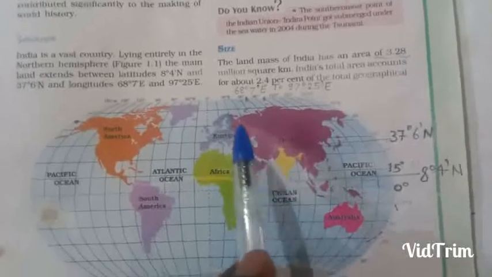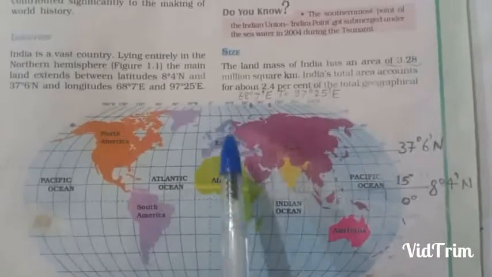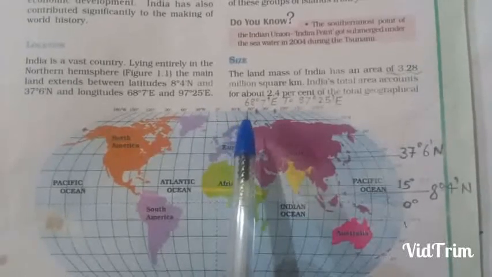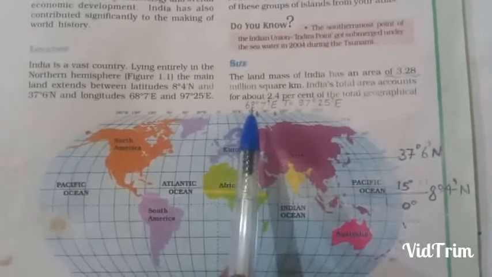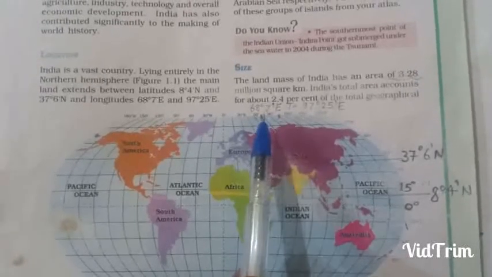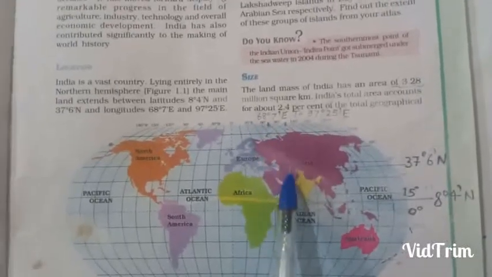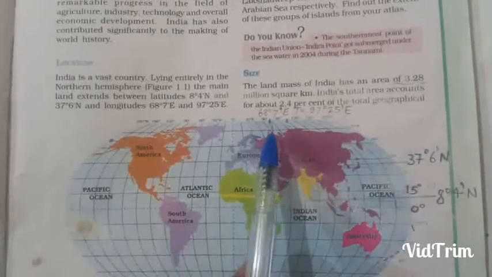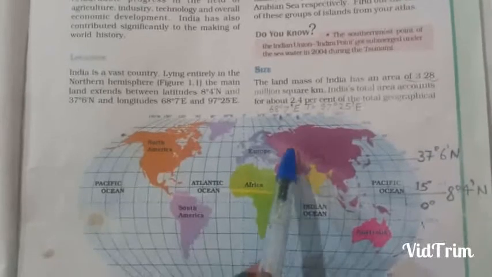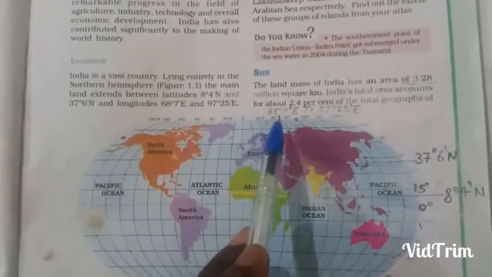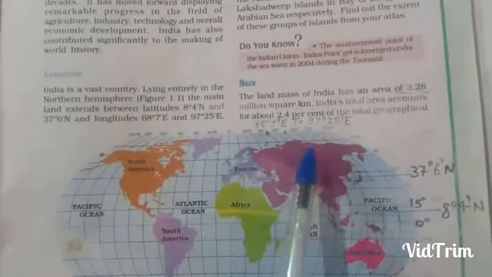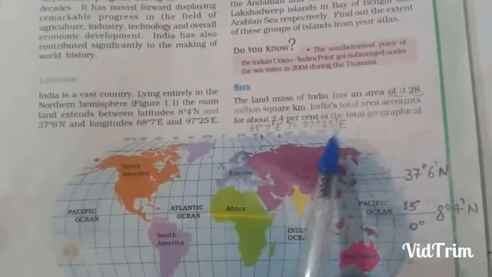Now let us see the longitudinal extent. You can see this 30 degrees, 60 degrees, and just after it see 68 degrees 7 minutes east. This vertical line is the longitude. So this is the longitudinal extent of India up to 97 degrees 25 minutes east.